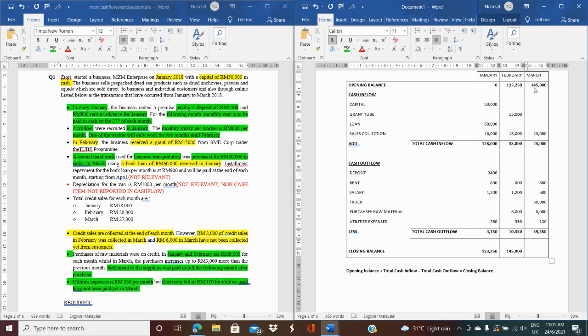Then add 23,000, and minus 39,350. So it's going to be 129,550.